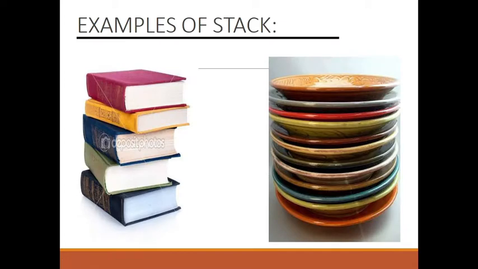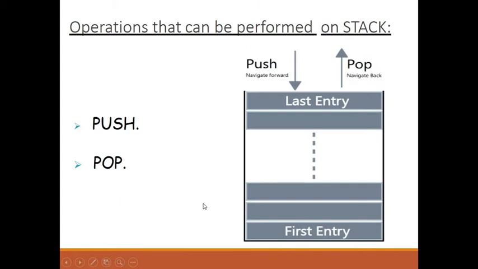An example of a stack is usually a pile of books or plates, in which we have the top. The operations that can be performed on a stack are push and pop, in which only from the topmost of the stack can we perform pushing and popping of an item.